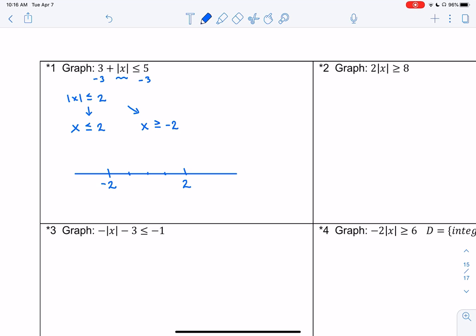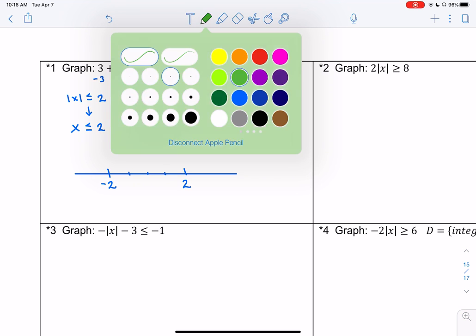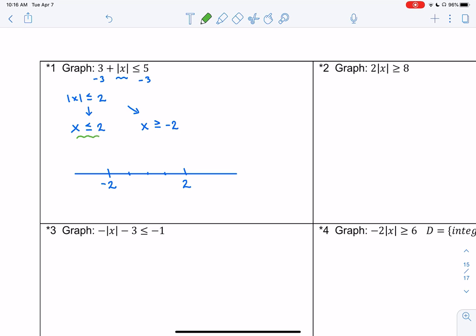I'm going to start by looking at the first one, x is less than or equal to 2, and that is over here at the 2. It's a closed circle because it says the equal bar, and it's less than, so I know that it's going to be heading this direction.